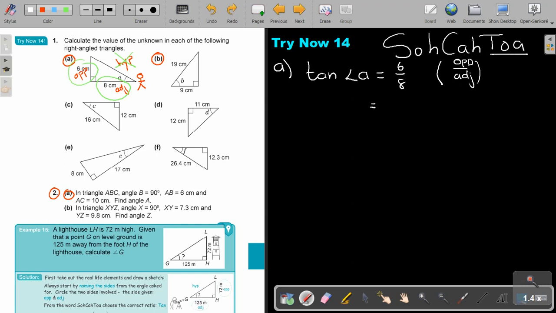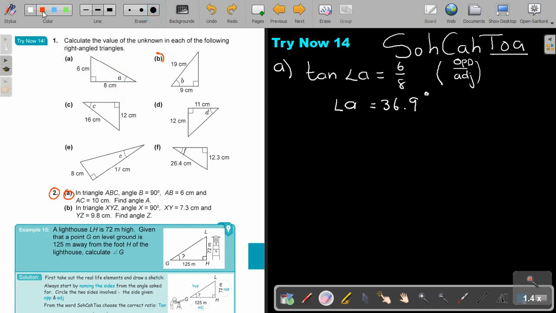And how do you tell it? By pressing shift or second function. So shift tan bracket 6 divide by 8, and the answer of angle A will be 36.9 degrees. Let's do the next one. I'm just going to clean a little bit here.